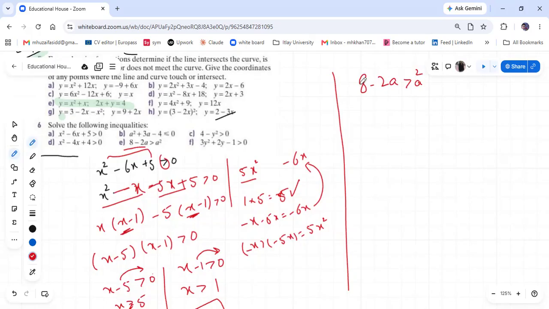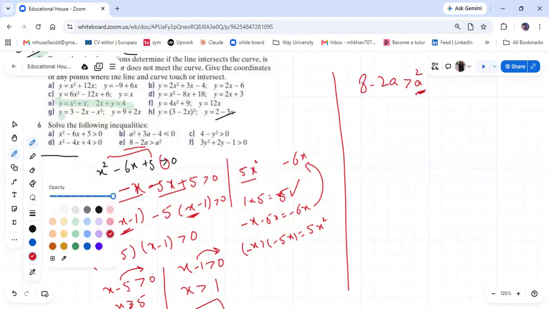In our quadratic equations, we depend upon the a² term. If our a² is negative, our parabola opens downwards. If a is positive, or the a² term is positive, then our parabola opens upward. So from this one, in this situation, look at it here. We are moving to the other side.